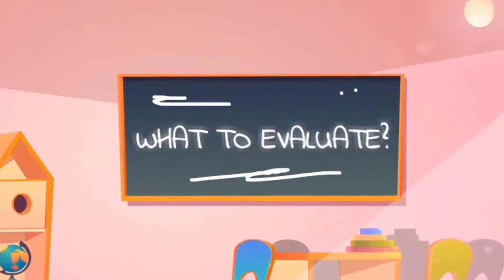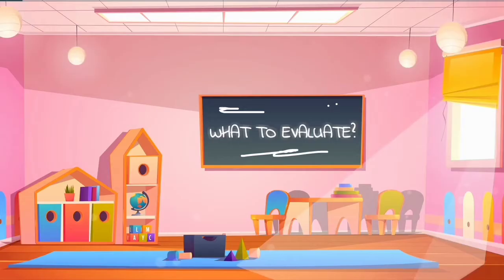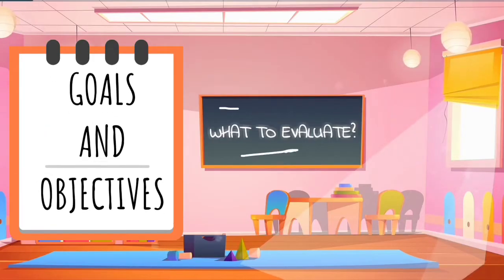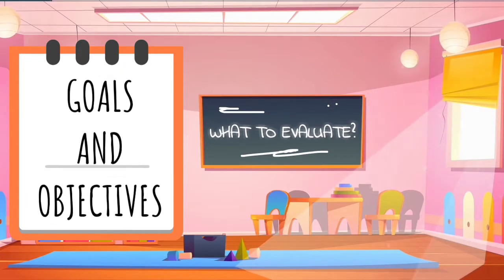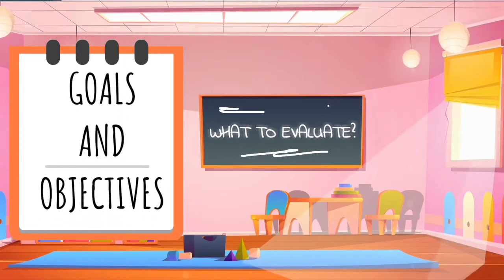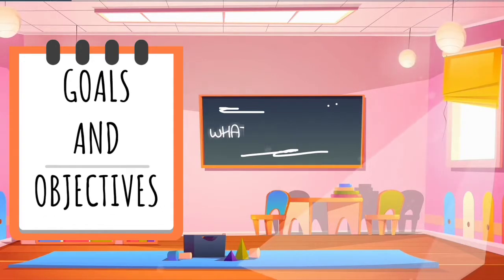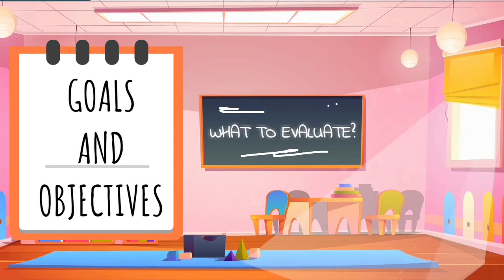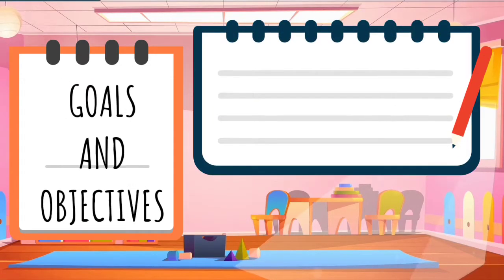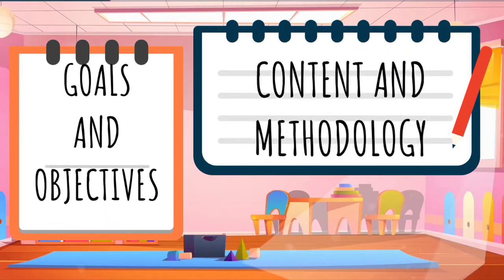So, what to evaluate? First, we have the goals and objectives. It is important to note that the contents, materials, and methodologies of a curriculum must fit the goals and objectives to which such programs are conceptualized and even developed. Next is the content and methodology.